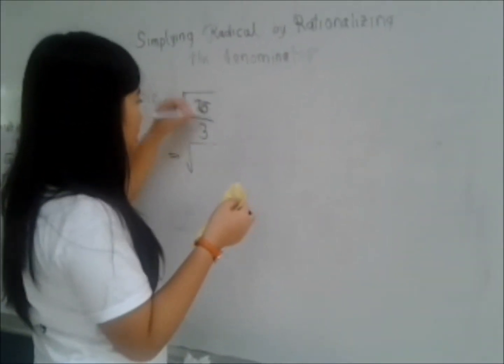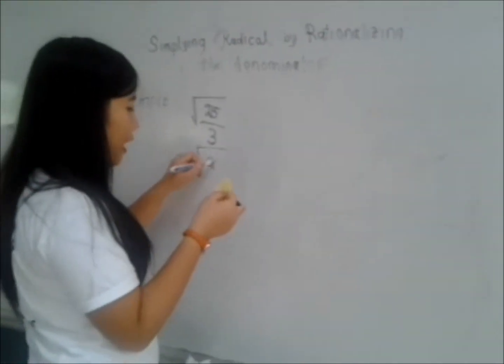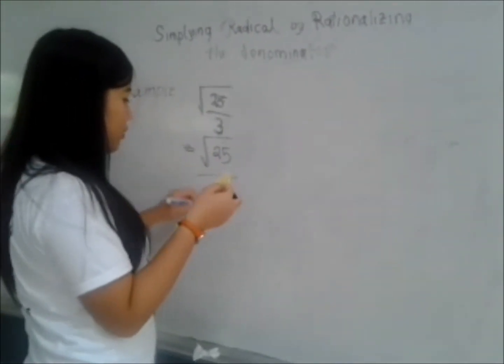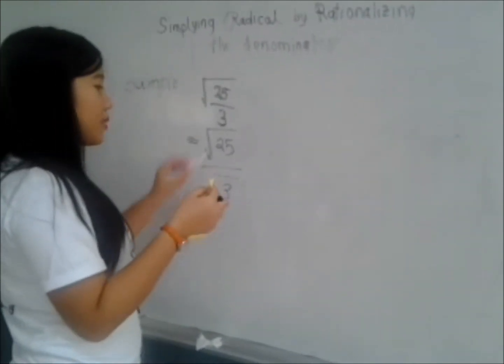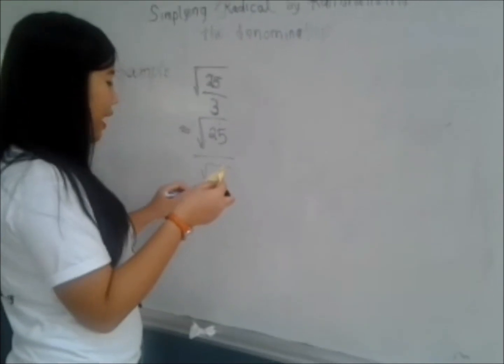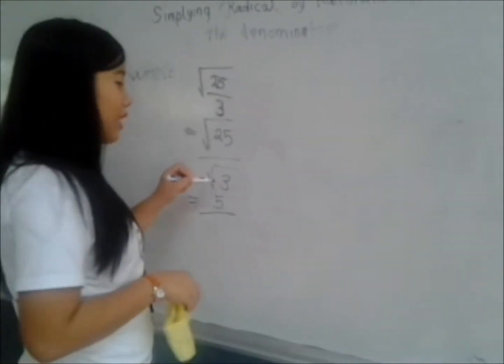25 over 3 equals square root of 25 over square root of 3. Tapos, equals, kukunin yung square root ng 25, magiging 5 over square root of 3, kasi wala siyang square root.